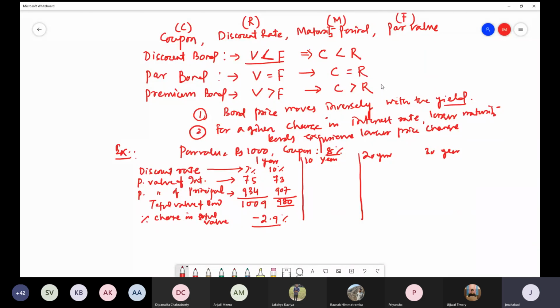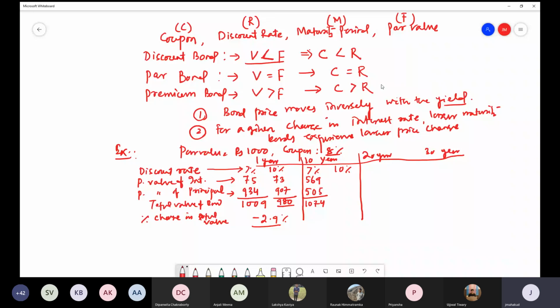We will come to the 10 years bond. Again, this scenario is 7% and 10%. If you go for discounting with respect to 10 years, the present value of the interest will come 569, and the present value of the principal will be 505. Then the total will be 1074.